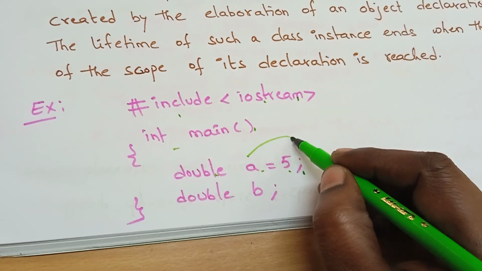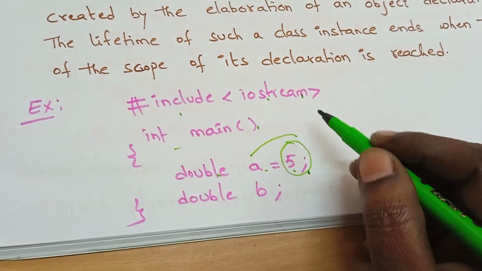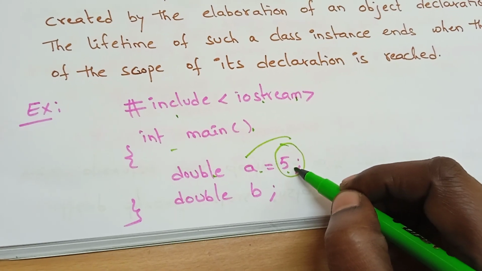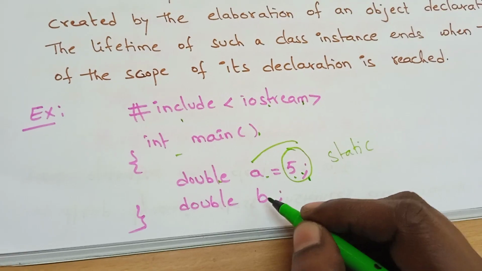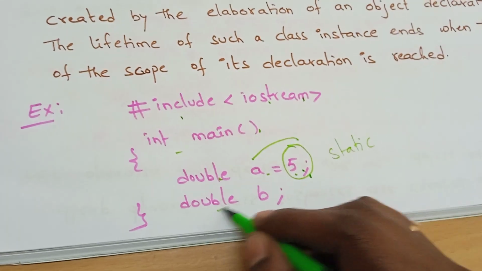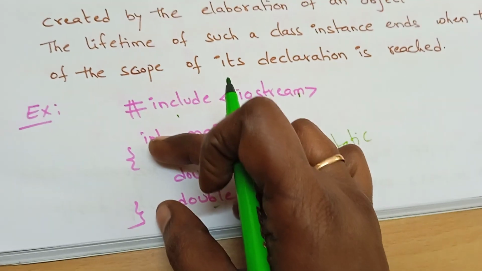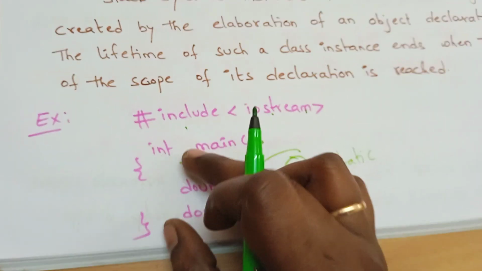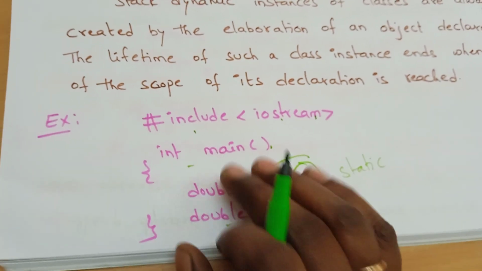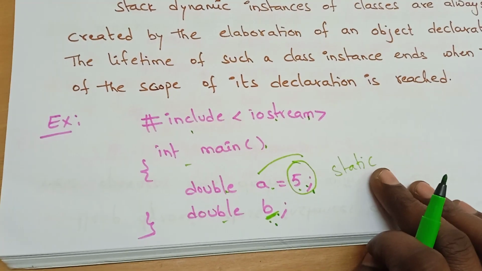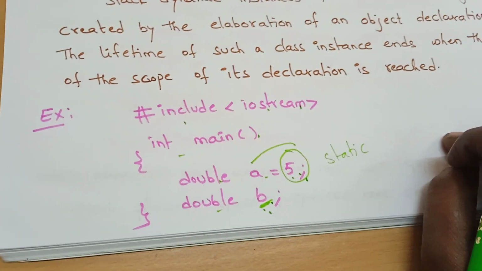A is a variable and the value of A is static in the program, so this variable belongs to the static category. Now double B. B is a variable which is defined in the scope. If you refer to the videos of the second unit, you can get deeper knowledge of how variables are termed as static, stack dynamic, and heap dynamic.